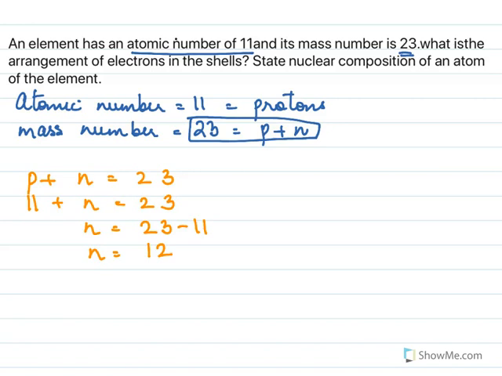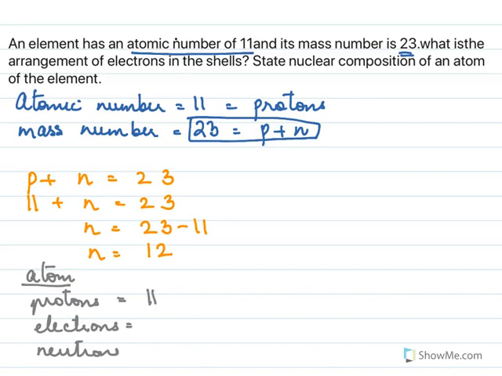So this atom has 3 subatomic particles, that is protons, electrons and neutrons. We saw that the protons were 11, the electrons also 11, and the neutrons 12.